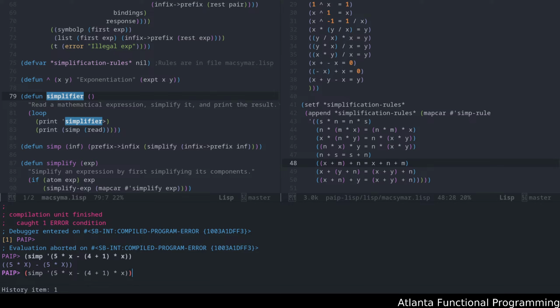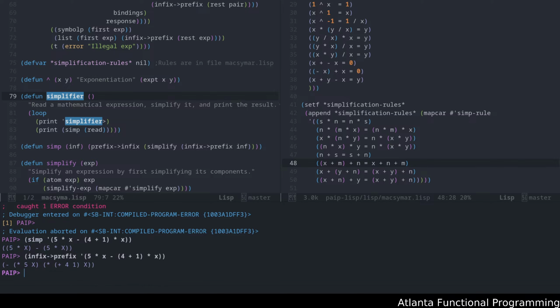Let's not use simp. Let's do infix to prefix on this just to see what it comes up with. We first converted everything into this. Then we call simplify on that, but let's call simplify by function first.